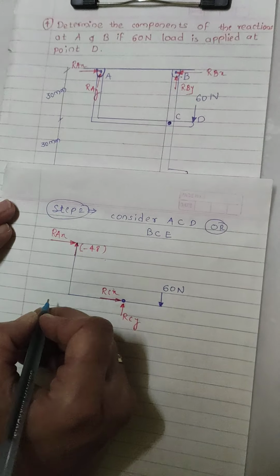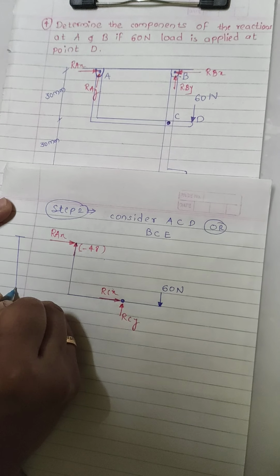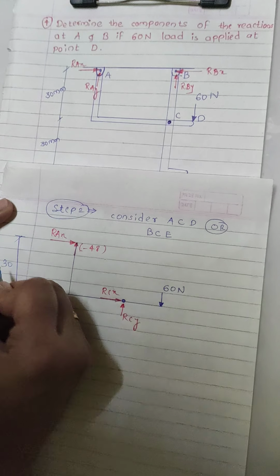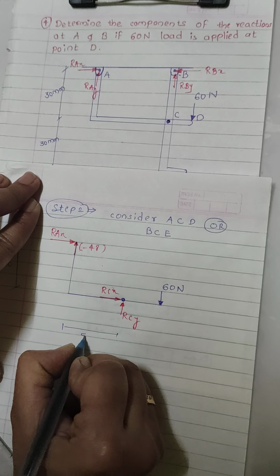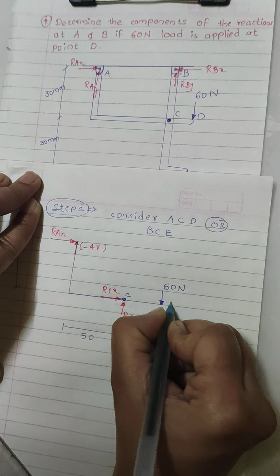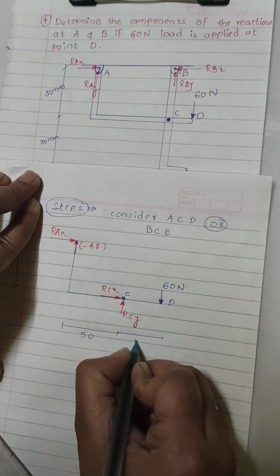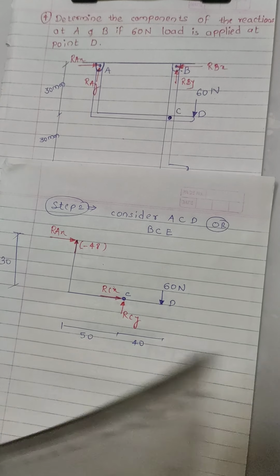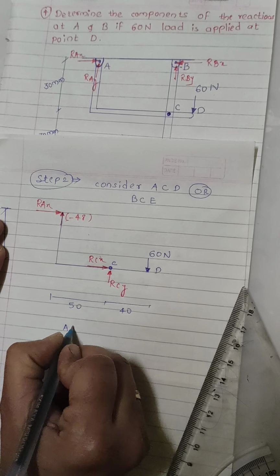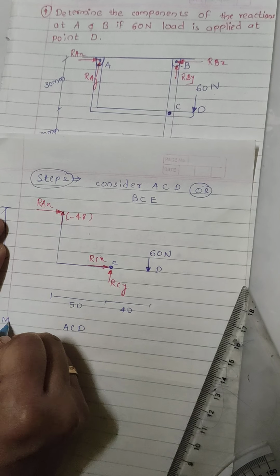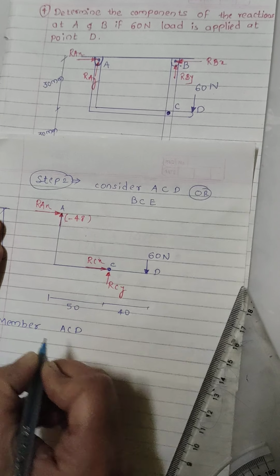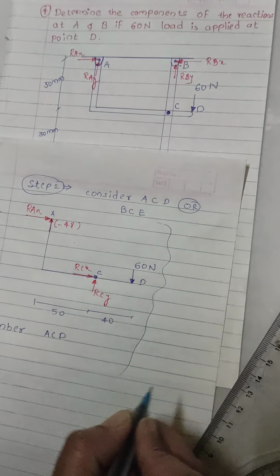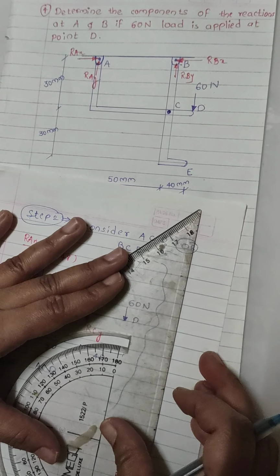At the same time I will mark the dimensions here: 30, this is 50, and this is 40. This is the FBD of member ACD, and FBD of member BCE.